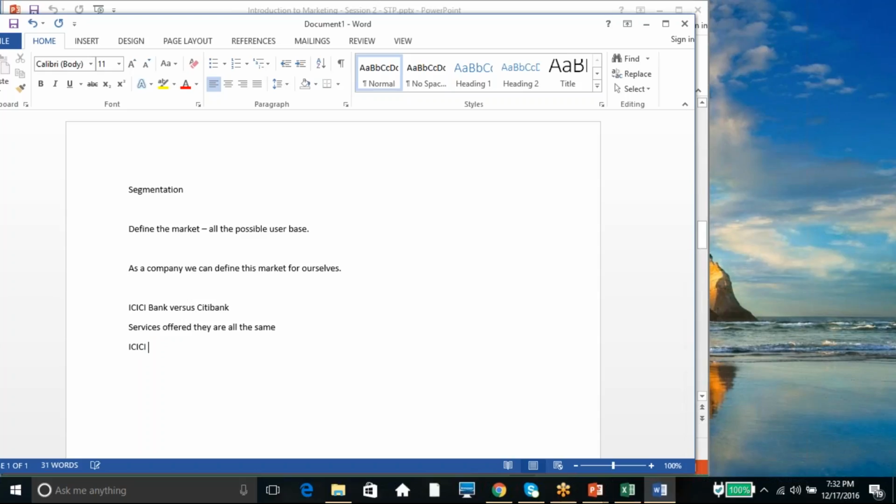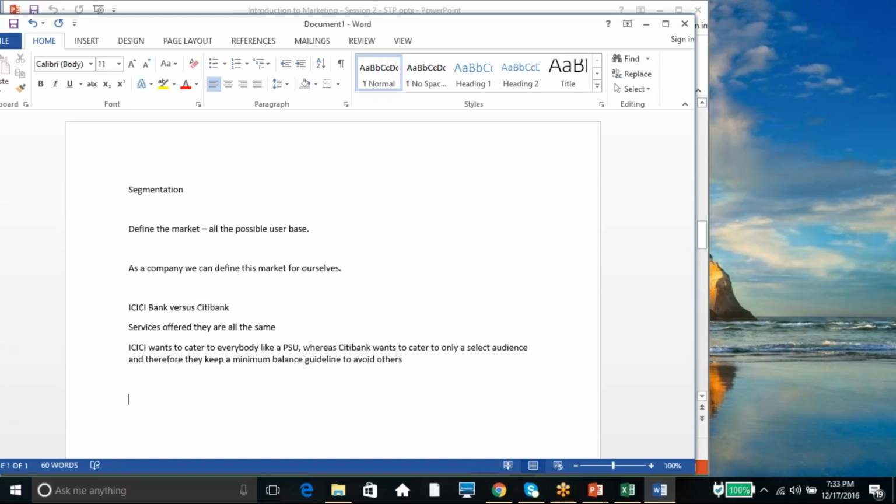So ICICI wants to cater to everybody like a PSU, whereas Citibank wants to cater only a select audience, and therefore they keep a minimum balance guideline to avoid others.